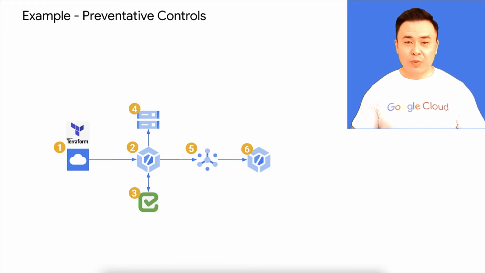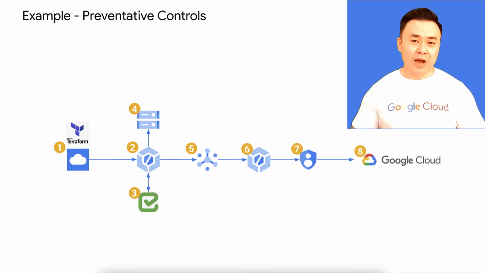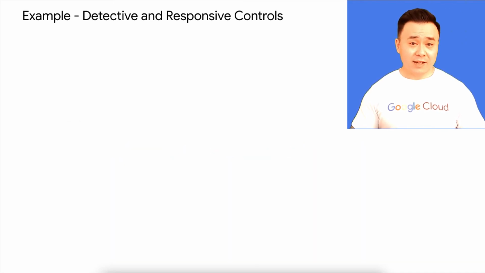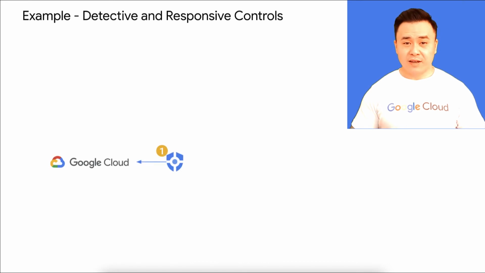And the second Cloud Build will go ahead and run Terraform init and Terraform apply to build our infrastructure in the Google Cloud. And of course, closest to our Google Cloud APIs, we will still have our organization policies as a final defense.